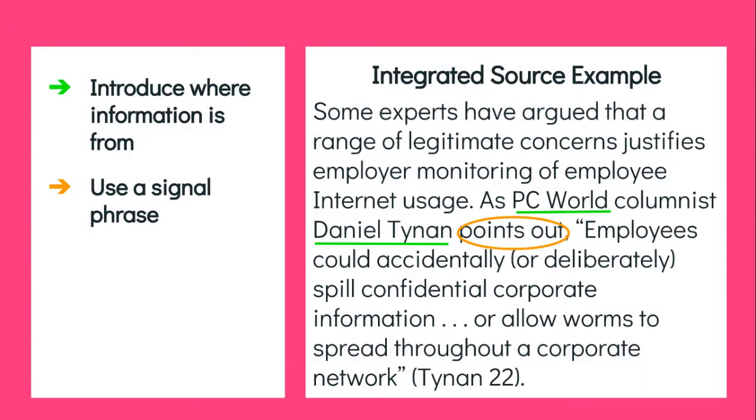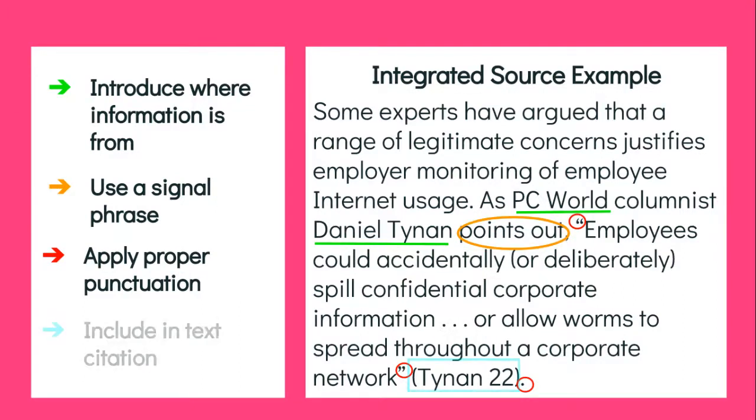When citing information from a source, it is also important to apply the proper punctuation marks to show which words are yours and which you are borrowing from your source. After the information you have directly quoted or paraphrased, include an in-text citation.